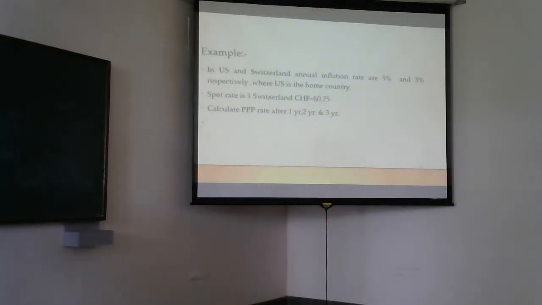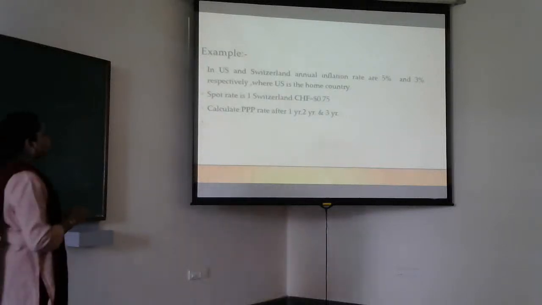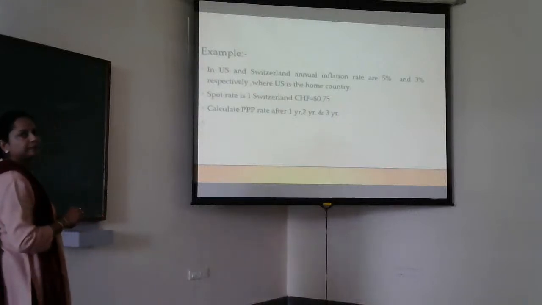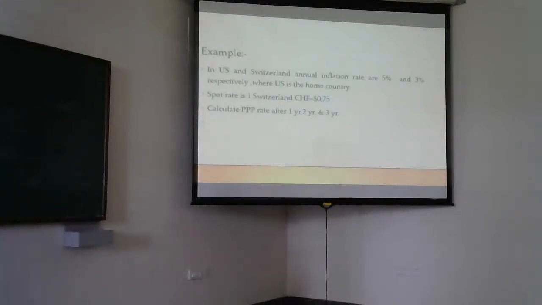The spot rate is 1 Swiss franc equal to $0.75, and now they are asking us to calculate the purchasing power parity rate after 1 year, 2 years, and 3 years. Fine. So how are we going to do that?